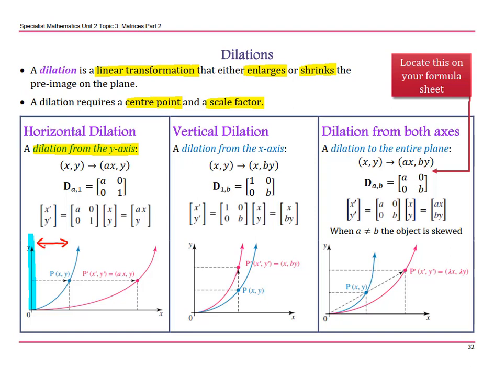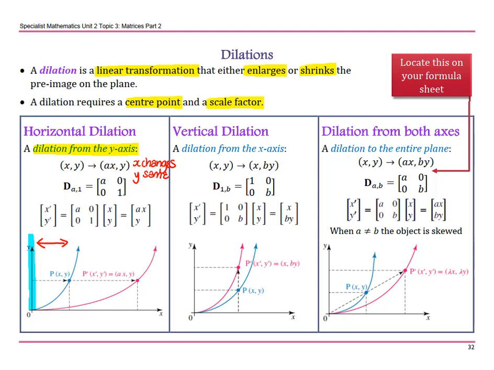So if you think about that, what's changing is your x value. So x is changing. The y value stays the same. All right, so if we look at this dilation matrix here, there's different forms of notation.